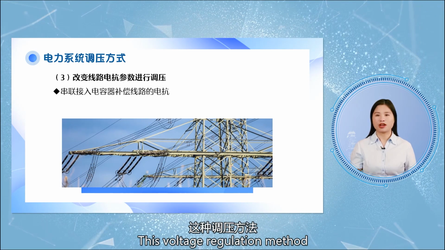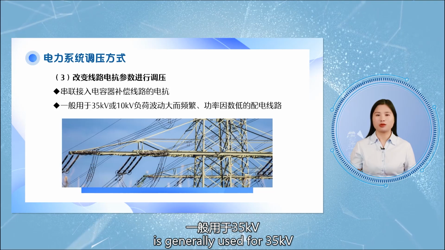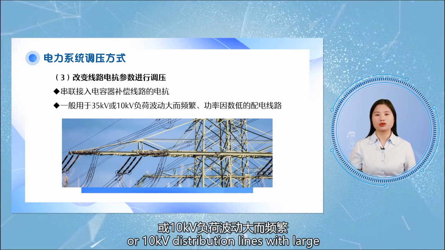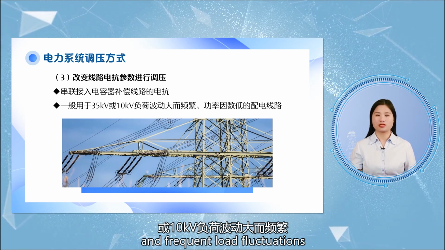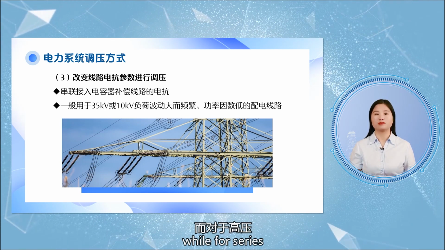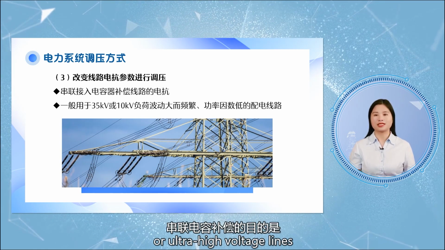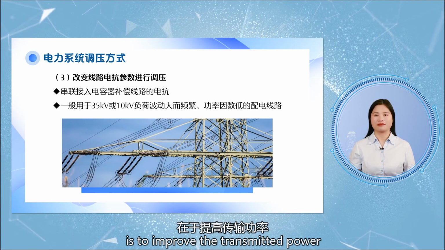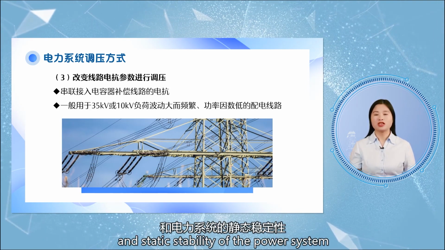This method is generally used for 35 kV or 10 kV distribution lines with large and frequent load fluctuations and a low power factor, while series capacitor compensation in high voltage or ultra-high voltage lines is to improve the transmitted power and static stability of the power system.